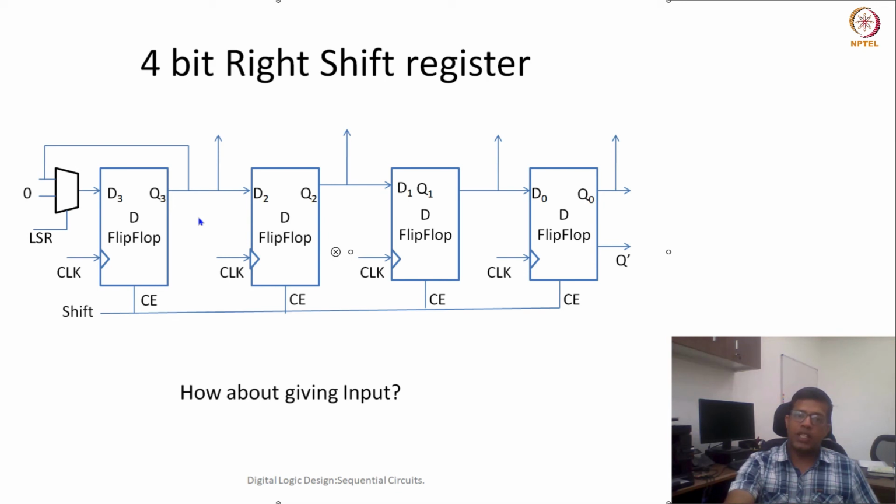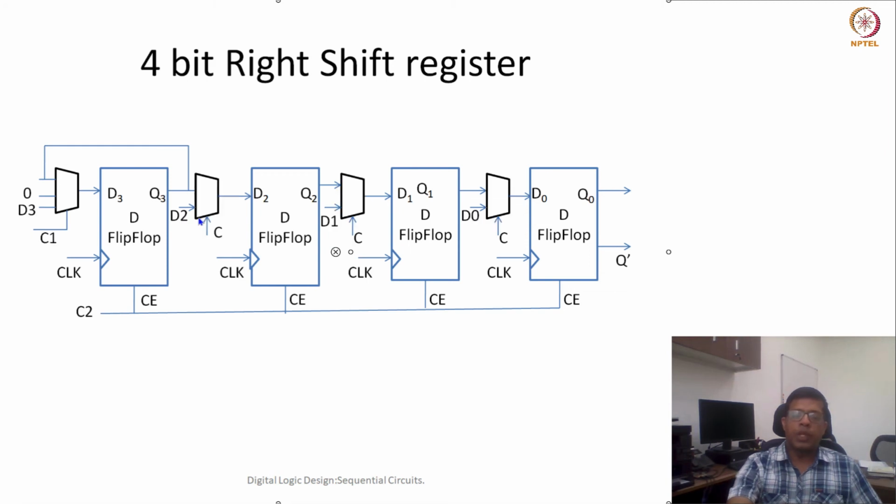So let's see in the form of a diagram how it looks. So this would be the registers with the multiplexer introduced. Now, when we introduce this multiplexer, instead of 2 inputs, there are 3 inputs. D3 is given as input to this mux. Similarly, D2 is given as input to this mux, but output Q3 is also given as another input to this mux.